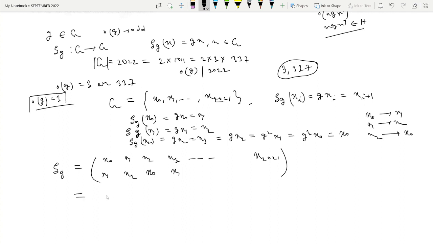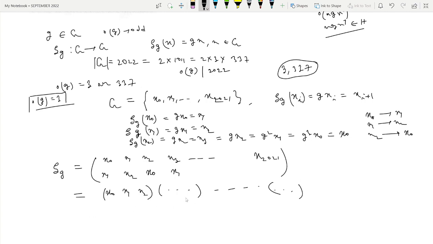So in cycle form we have x0, x1, x2. This is a cycle of length 3, and similarly we have other cycles of length 3. So there is a product of some disjoint cycles of length 3.